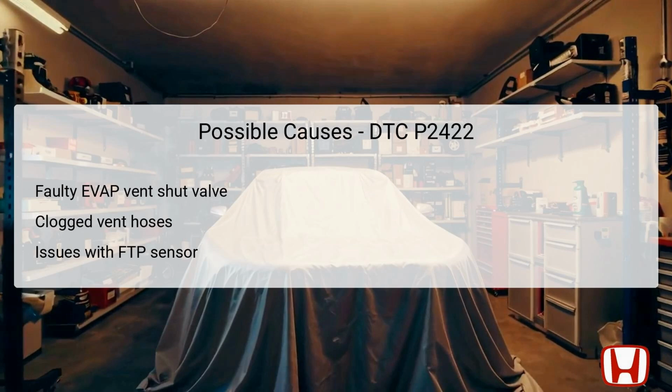Over time, debris or environmental contaminants can block these pathways. Third, the FTP sensor can also malfunction, providing inaccurate feedback to the vehicle's engine control unit, ECU, and complicating the situation further. Understanding these potential failures is crucial for a successful diagnostic strategy.